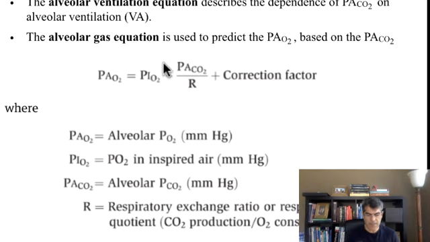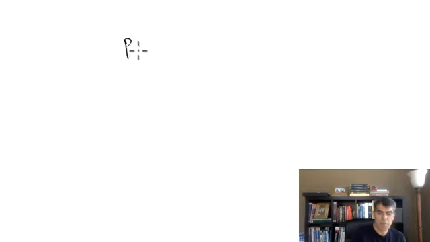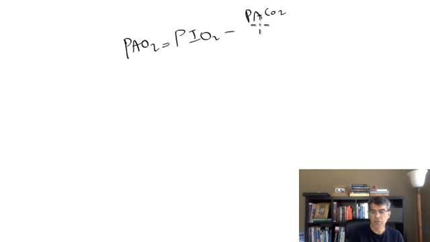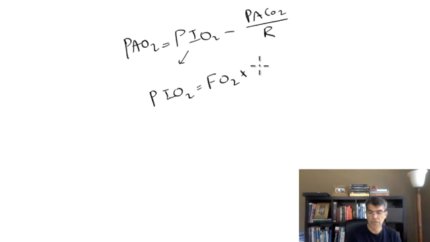What does that mean? What does it tell you? Let's put in a number to find out what it means. If I want to measure PaO2, we said the formula is PiO2 minus PaCO2 divided by R. What was my PiO2? We said PiO2 is equal to FiO2, the fractional oxygen, times atmospheric pressure minus the pressure of water, if you remember. This one was 760, this one was 47, this one was 21%.